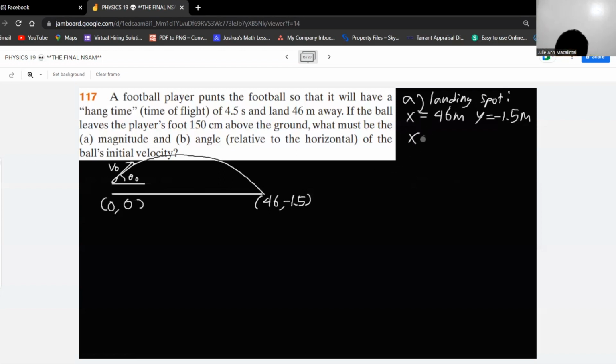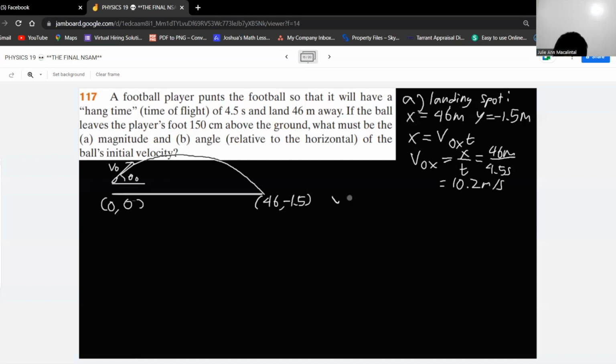X equals, wait. V0x is equal to x over t, easy. So 46 meters over 5 seconds. Nice.